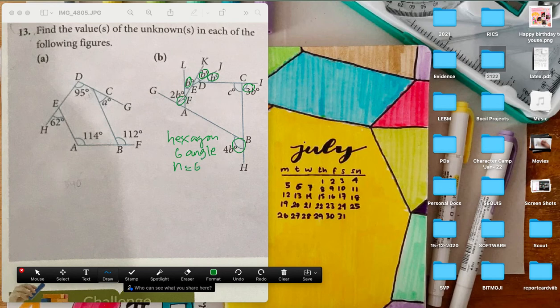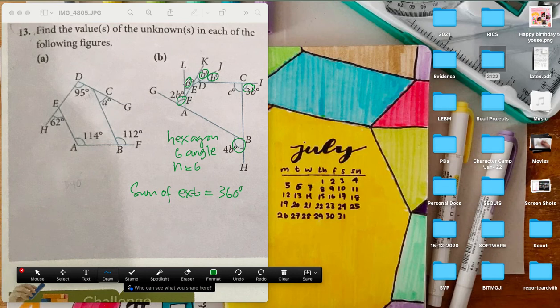And since it's talking about the sum of exterior angles, I'm going to recall the property of the sum of exterior angles. It will be 360, that's it, for any polygon. So then the total of these exterior angles will be 360.